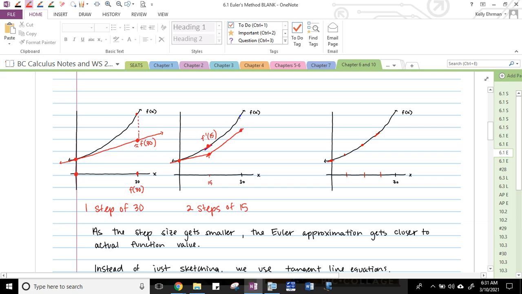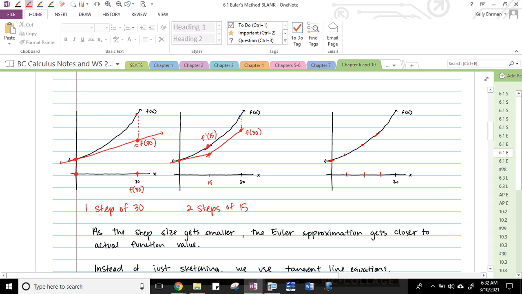So it's like you're changing your bearing just slightly, alter your course a little bit so that you're at least closer than you were before. Okay, so 2 steps of 15, that still is just an approximation for f of 30, but it's better.